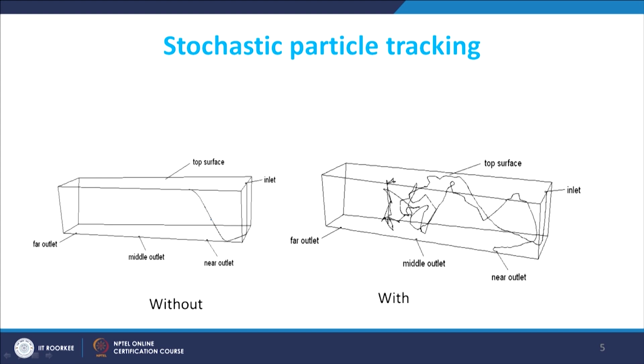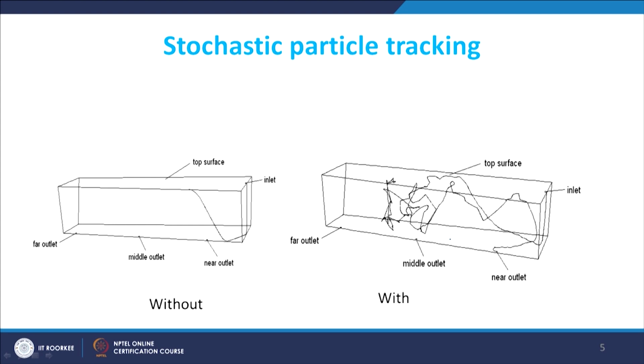Now, in the other condition where we have used the stochastic particle tracking, the particle comes and then moves to different places inside. It has a large movement inside, and then it gets trapped, and that is what actually happens.